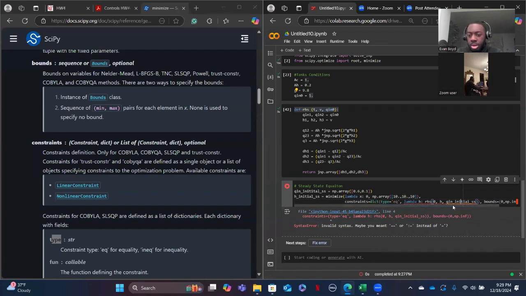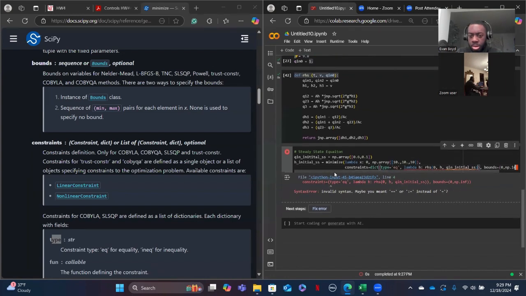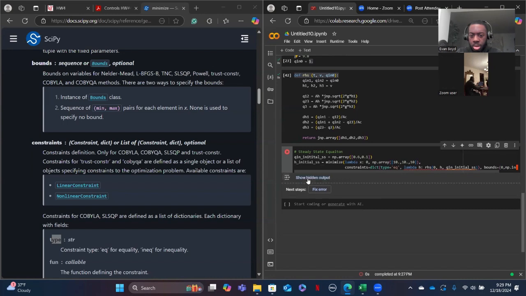And then also Q and initial. What's wrong with this? Hide. Why is this? Oh, because I have to also input the function. So I have to state that this is our function. Then Q and initial, that's spelled wrong.